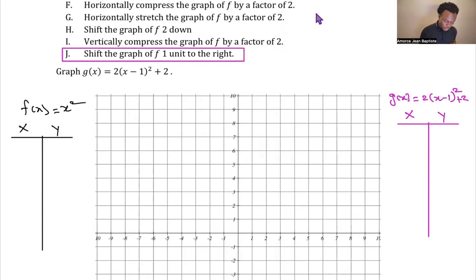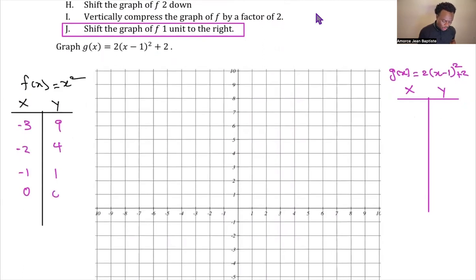Let me start with x equals -3. We square it, we get 9. -2, we square it, we get 4. -1, we square to get 1. 0, we square to get 0.